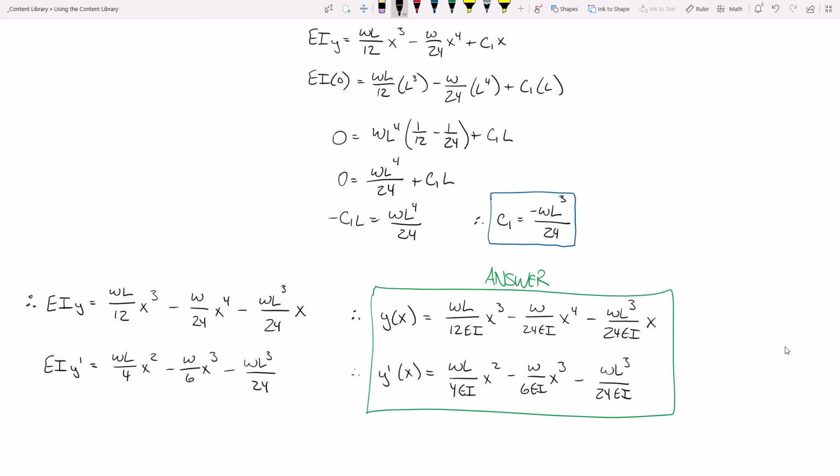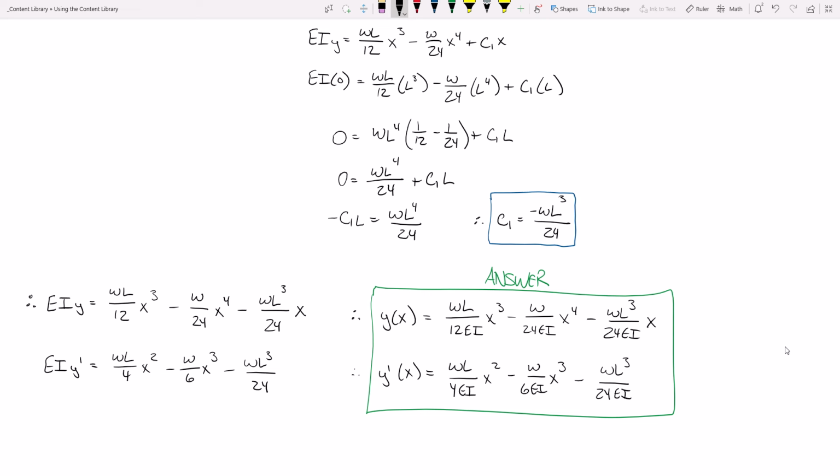I'm going to stop for a second, make sure everybody's good with this so far. So good? Okay, now, this will tell me what the deflection is as a function of x, what the slope is as a function of x. Now, you can test this to see if it works. Does it work? Take the derivative of this: x cubed, the derivative is x squared, so 3 over 12 is 1 over 4, right?